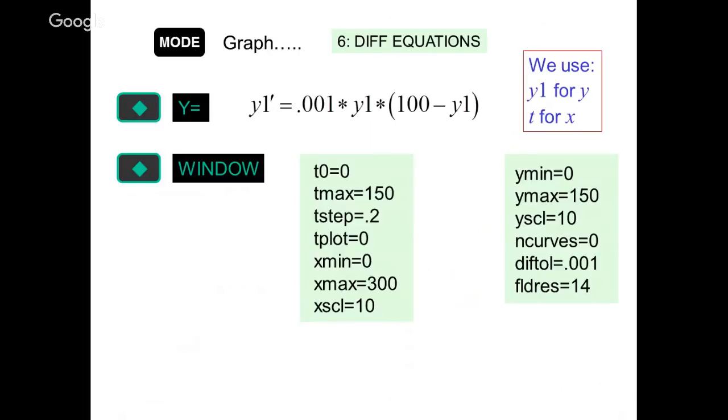This is a differential tolerance, and this is field resolution. I just leave those alone. Hopefully yours are set like that automatically, are they? Yeah, I leave mine alone, I don't touch those. All right, everybody got their windows set? Not quite. Okay.